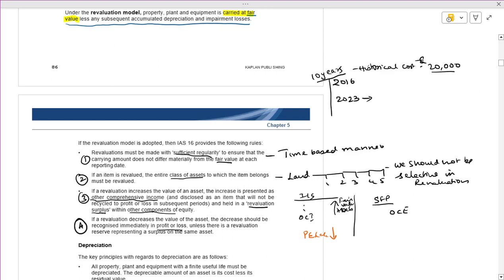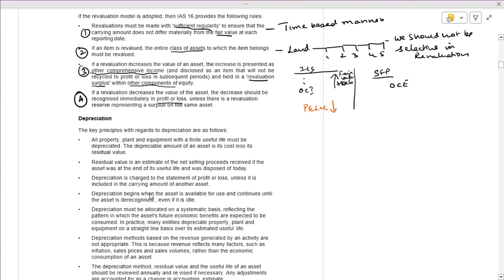Coming back to this, we have a very general understanding about depreciation. What are the key principles with respect to depreciation? When we say depreciation, there should be a structured process. All property, plant and equipment with a finite useful life must be depreciated.